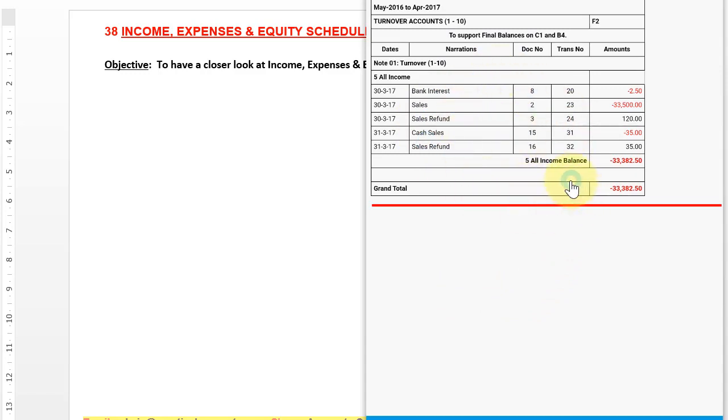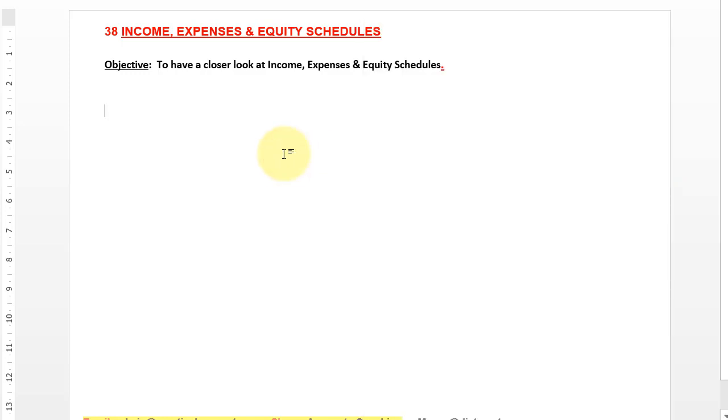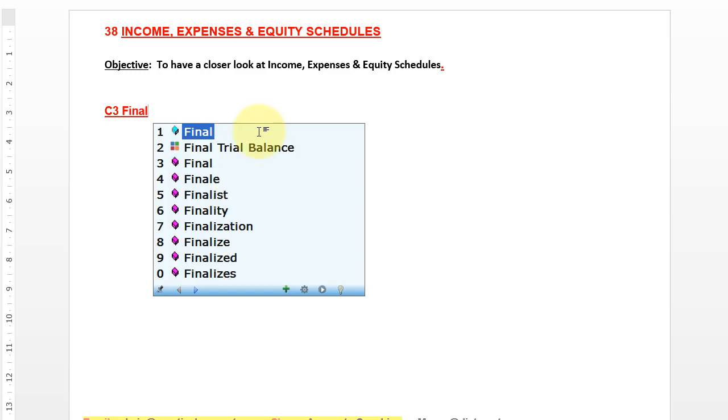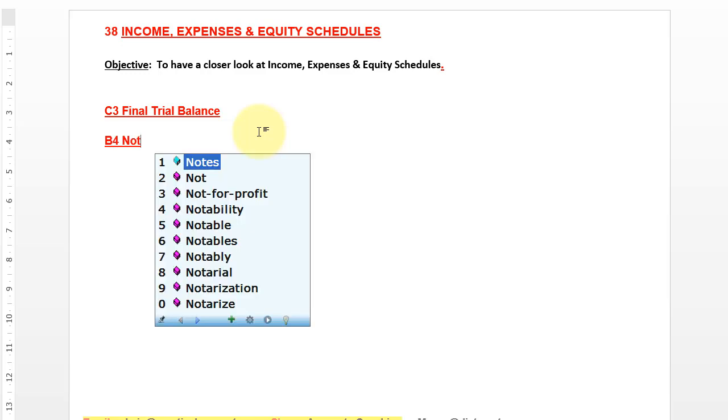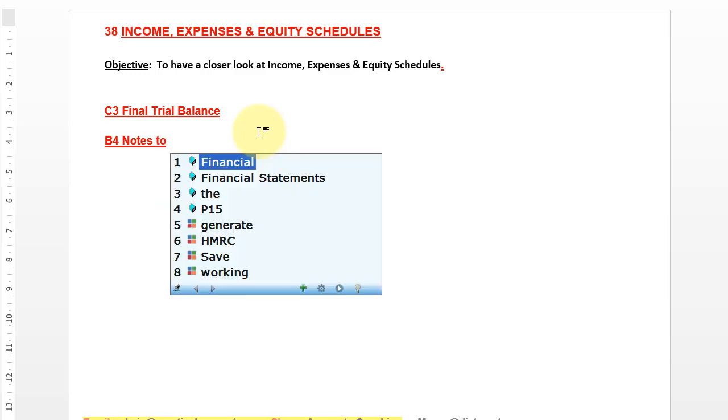Now this one stretches from opening balances up to year-end adjustments, and the balance on this account should agree with both what is on the final trial balance on C3, and also with B4, which is the notes to financial statements.